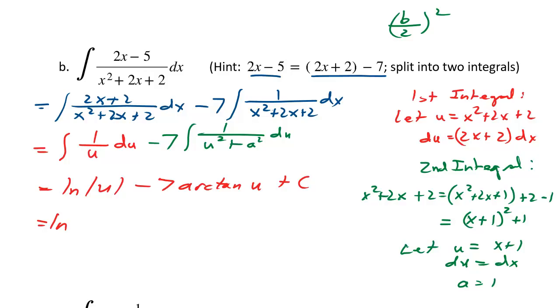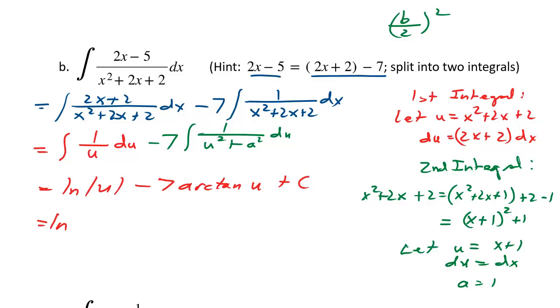Okay, now notice we got u's defined as two different things. One's in red, one's in green. A lot of times, if you've got situations like this, for the first integral you can use u. You can do the u substitution.